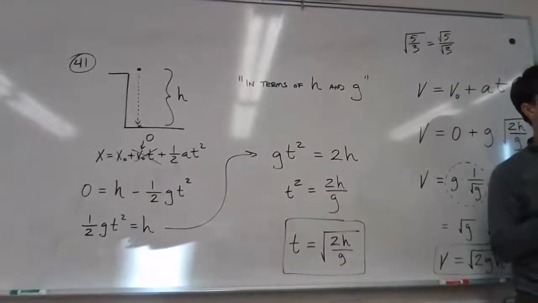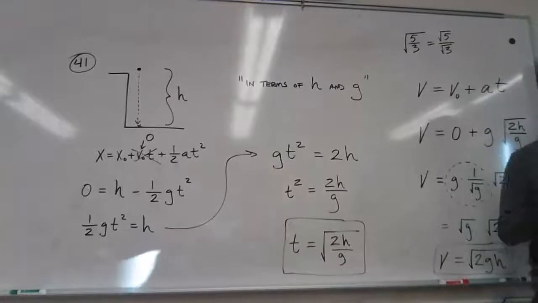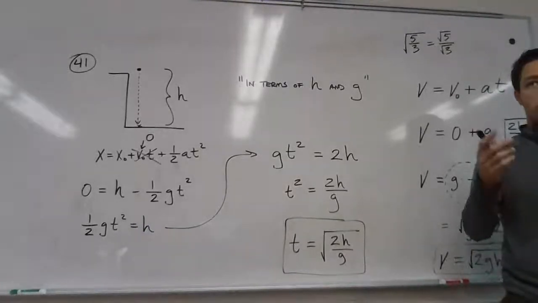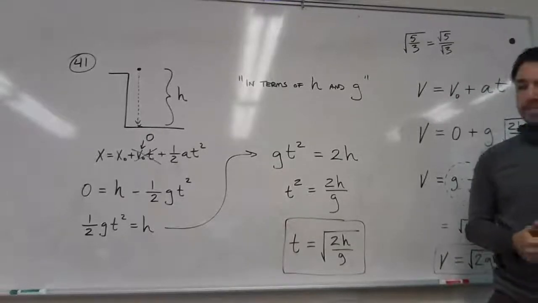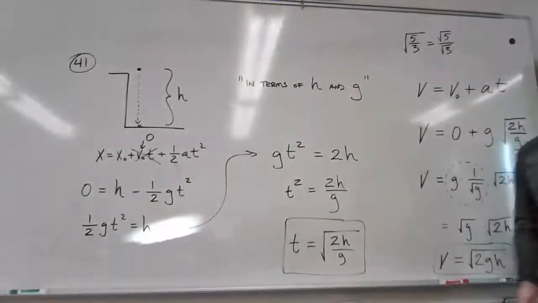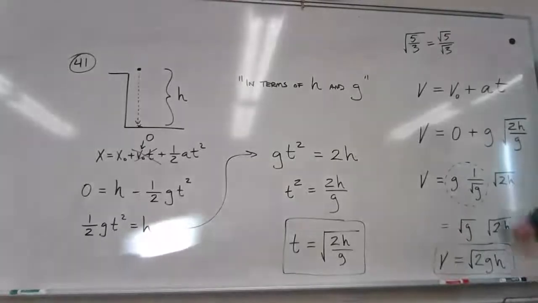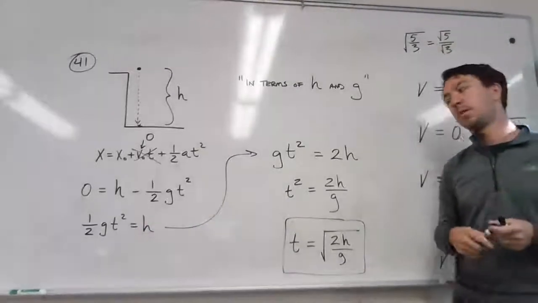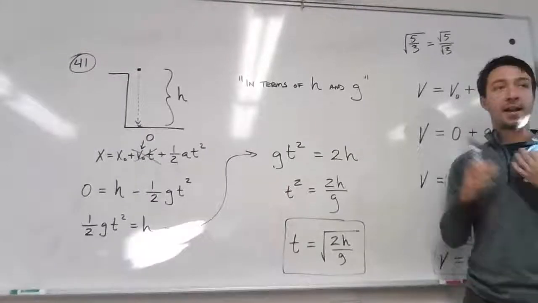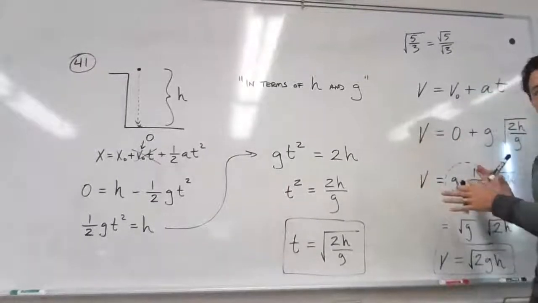Dropping a rock off a building has a lot of similarities to shooting a cannonball straight up in the air. Those are the two symmetries right there: going up versus going down. In those questions, I ask you to analyze them just with letters.